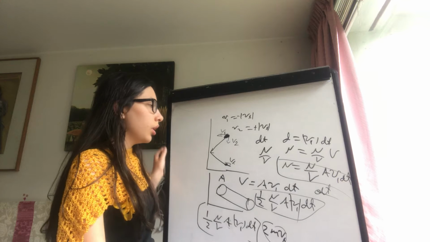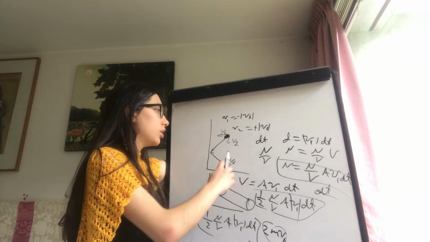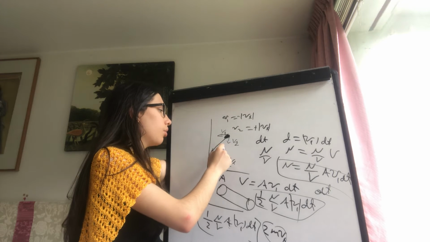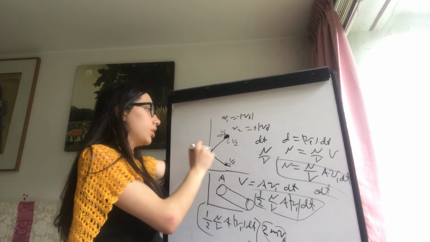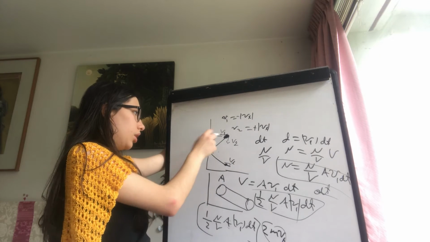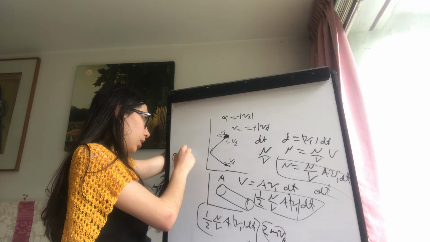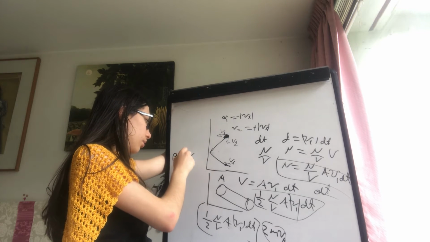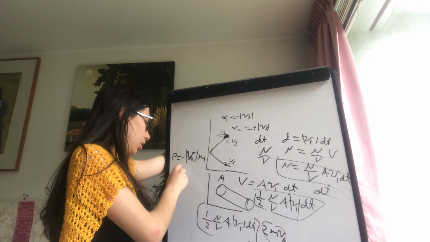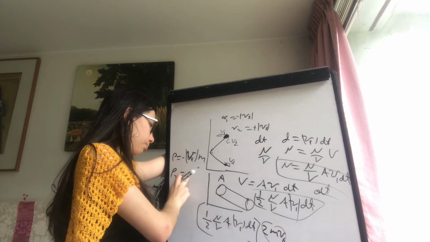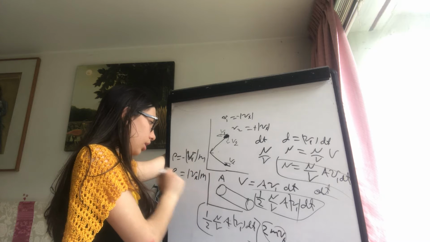Because the change in momentum of one particle is this: the momentum at the beginning was minus the absolute value of v sub x times m. Here the momentum is positive, velocity in x times m.